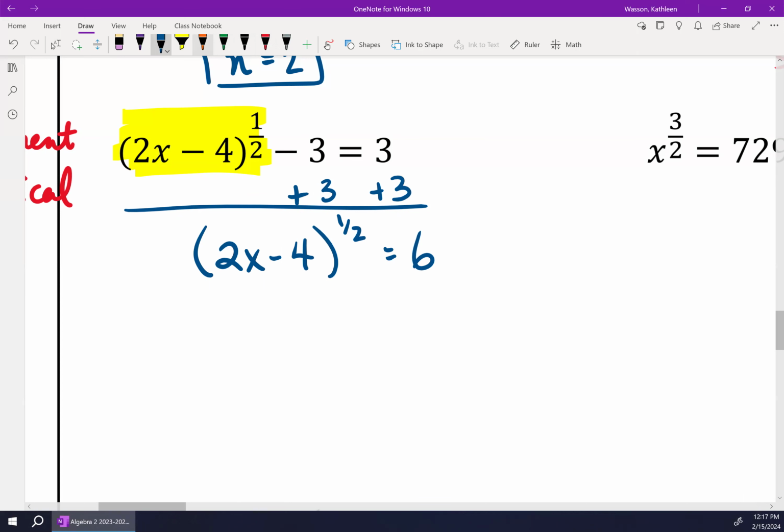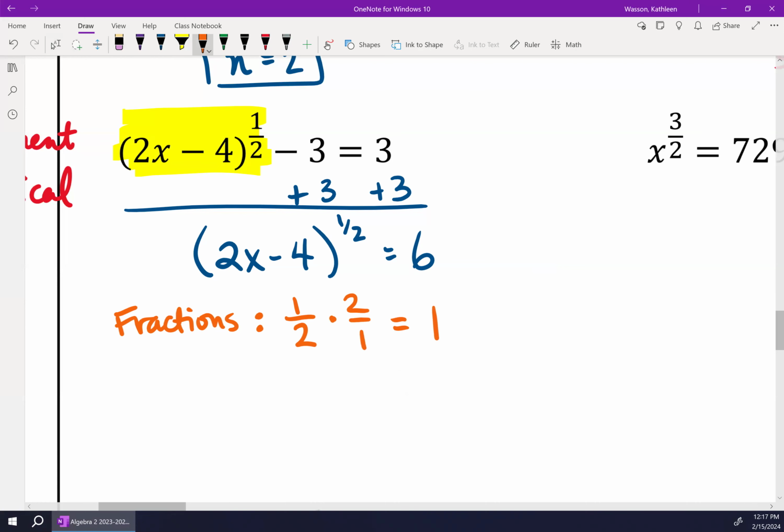Well, this is a fraction thing. If I have 1/2 and I need it to be equal to 1, then I would multiply times 2 over 1.